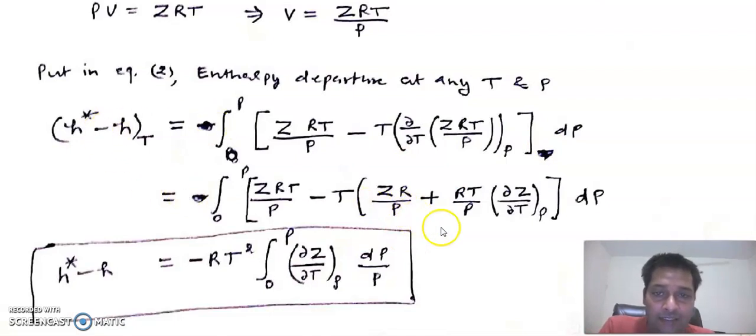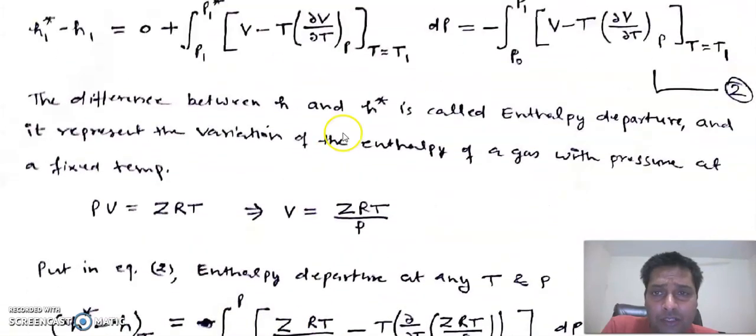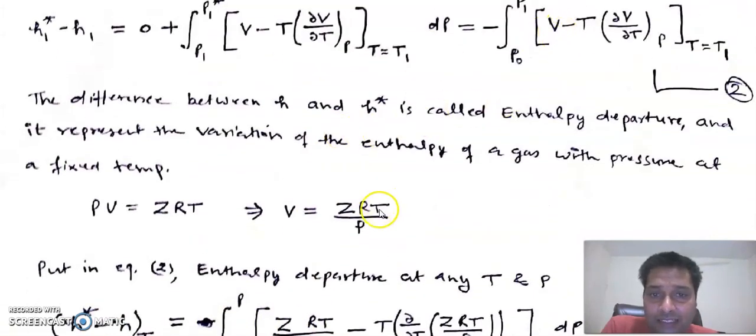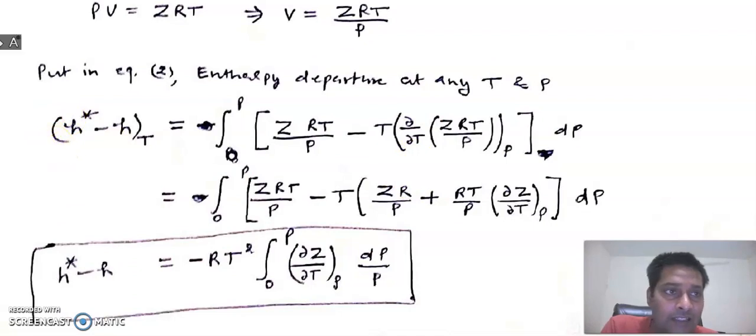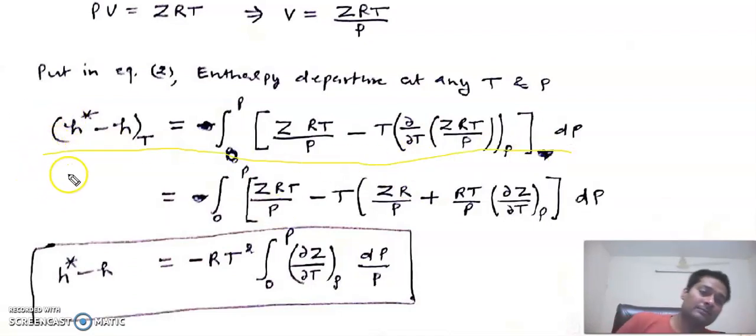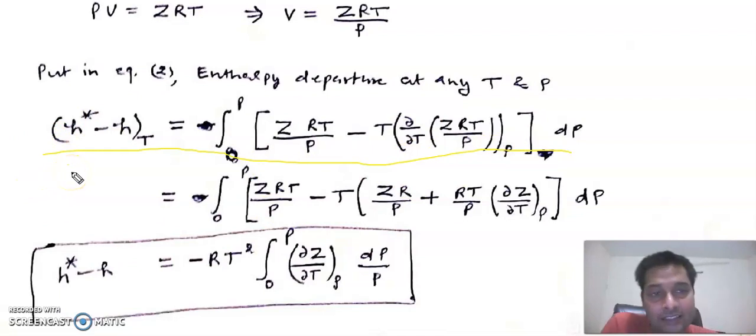You integrate this equation and put the value of V as ZRT by P. So put the value of V from this equation into this equation. Finally you will get this generalized equation which calculates the change in enthalpy departure from an ideal gas.